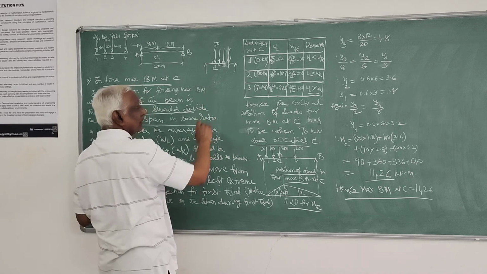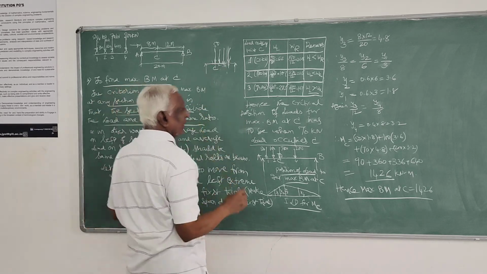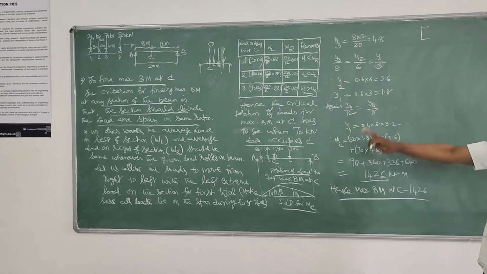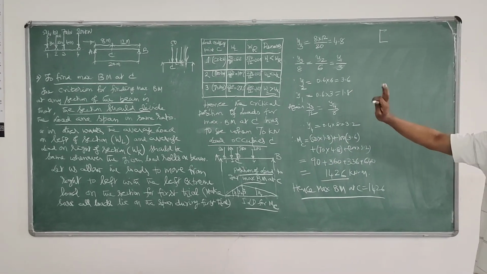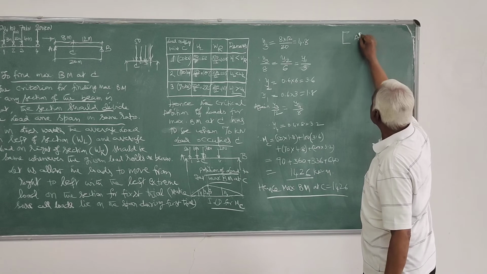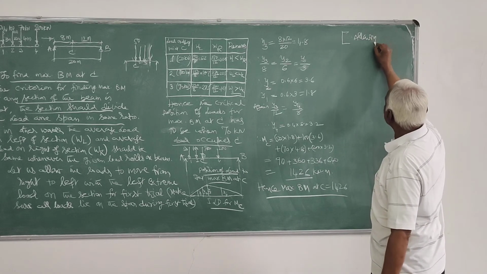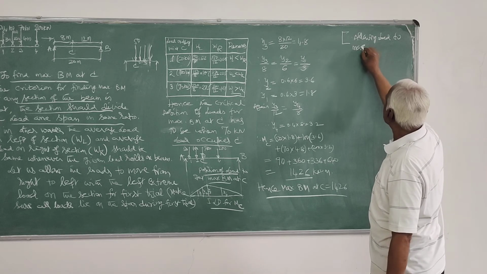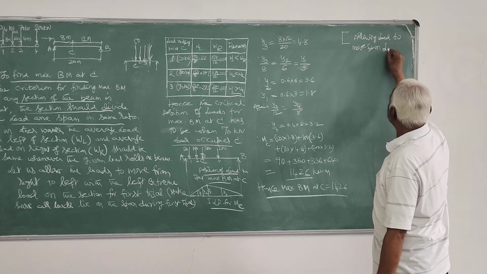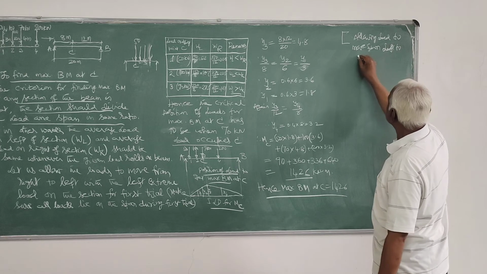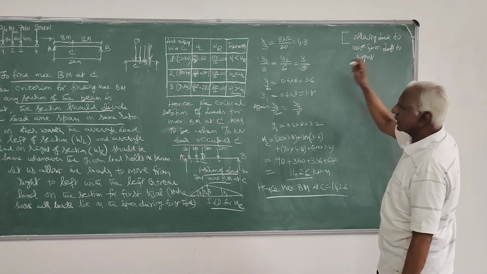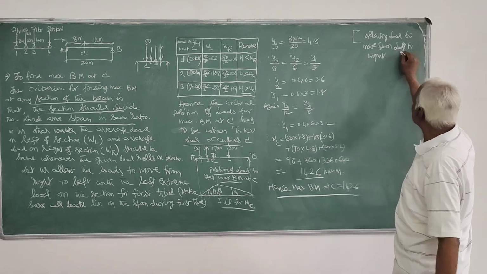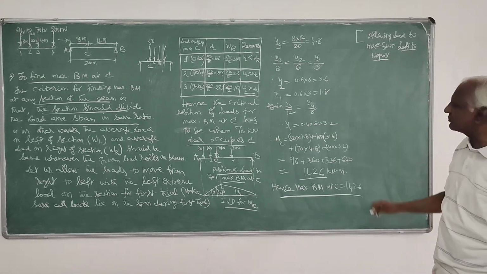This is only an extra thing, only one case you can consider, allowing the load to move from left to right. Here I have considered from right to left. Now let us consider from left to right.